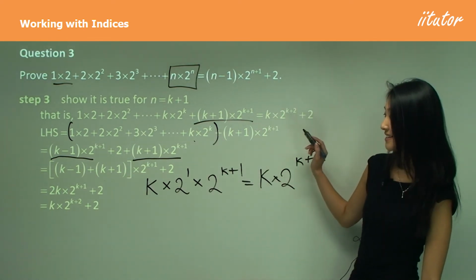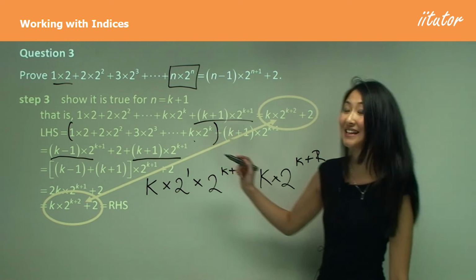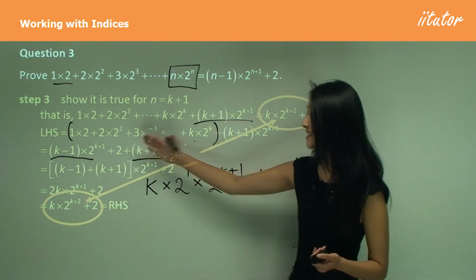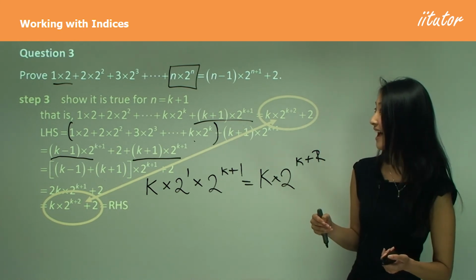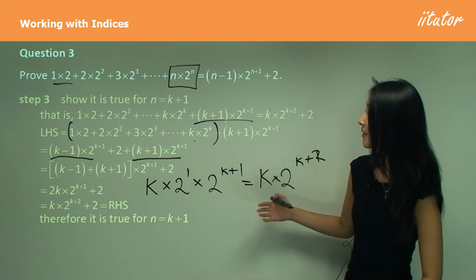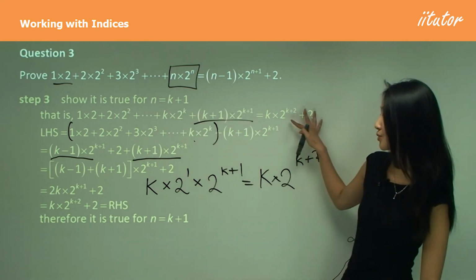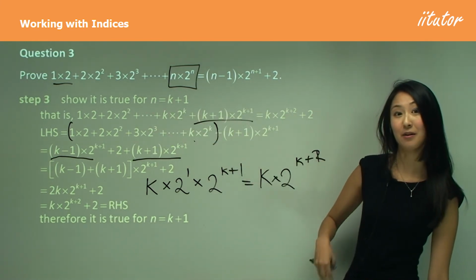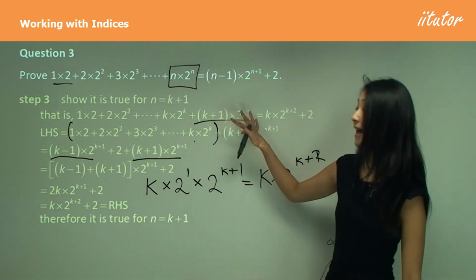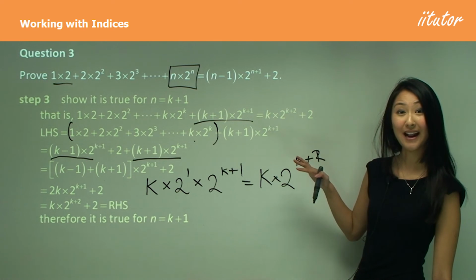And now you can say that yes, that does look exactly like the right-hand side. So I've shown that the left-hand side equals the right-hand side. So I can say that therefore I have proven that this is true for n equals k plus 1, because I've proven that for n equals k plus 1, the left-hand side does indeed equal the right-hand side.